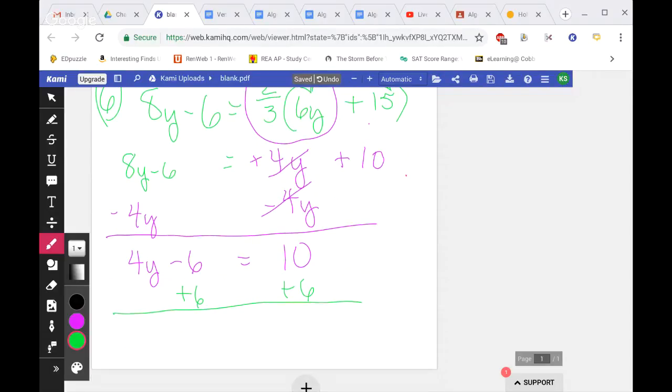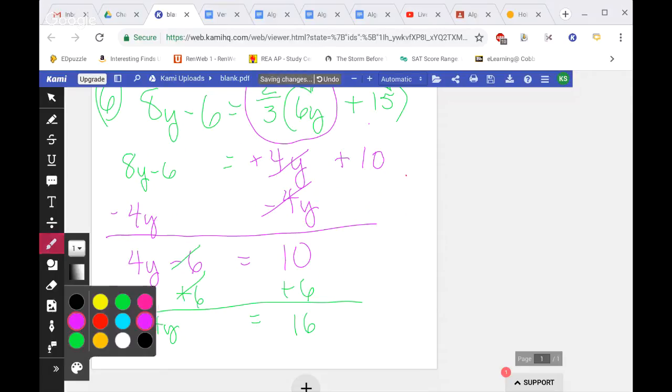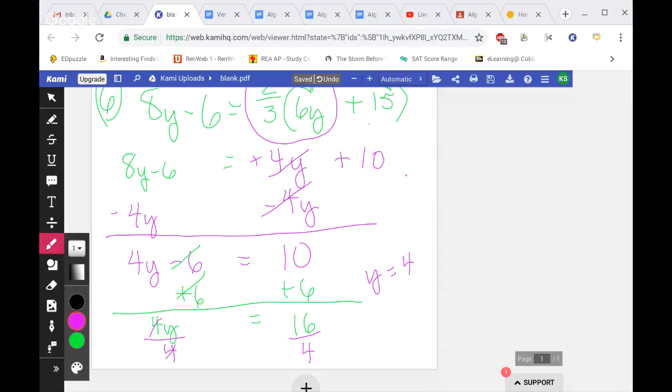Remember my antisocial variable. 10 plus 6 is 16, and this would cancel this one out, giving me 4y on the left. Now I'm going to divide both sides by 4, and that's going to cancel this out here. My final answer is y equals 4.